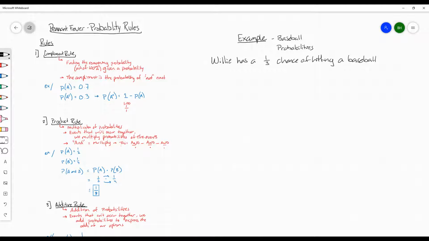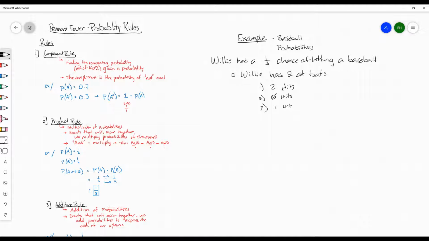Now, in this problem, the main questions are, given Willie has 2 at-bats, so he gets 2 chances in one game, what are the odds that Willie gets 2 hits, what are the odds that Willie gets no hits, and what are the odds that Willie only gets 1 hit.